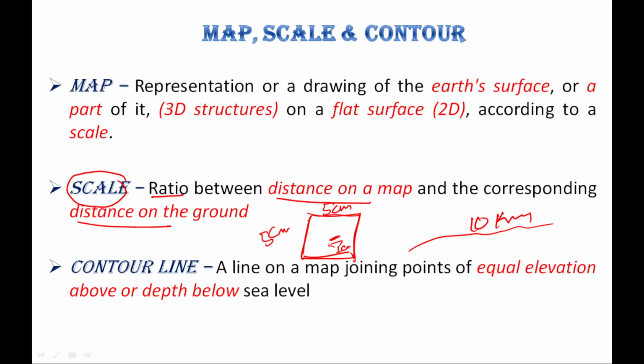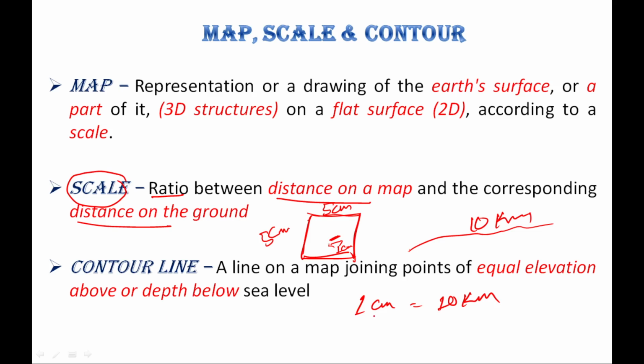The 10 kilometer outcrop is represented in the map as 1 centimeter. So the scale of the map is 1 centimeter equal to 10 kilometer.